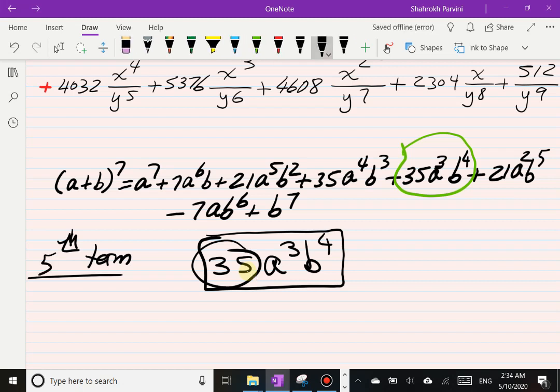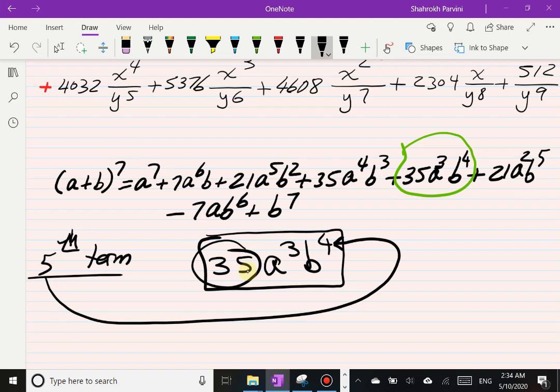So if you look at 5 and look at the exponent on b, 4, 1 less than that. You can see this pattern in other terms. So look at the 4th term. For the 4th term, b is 3. Okay, so this works for all terms. But looking at just the 5th term, the exponent on b is 1 less than the term number.